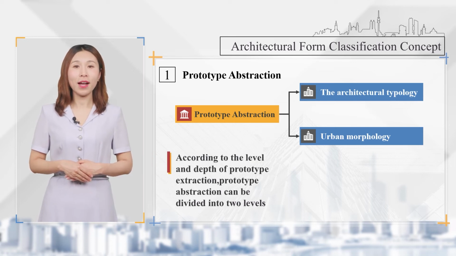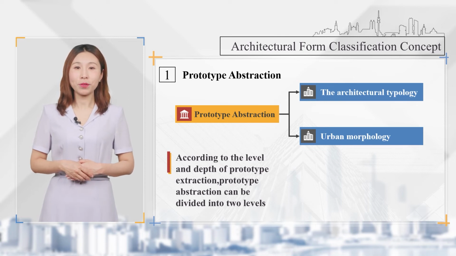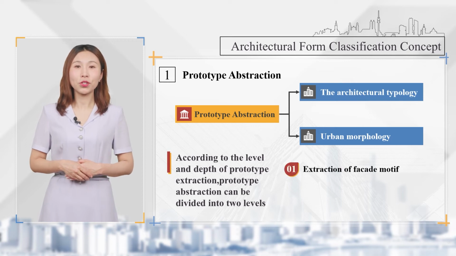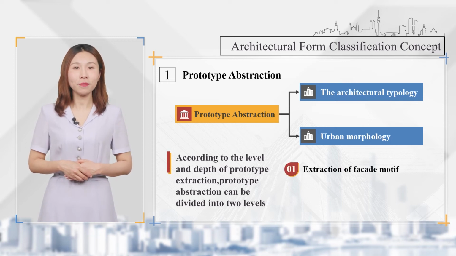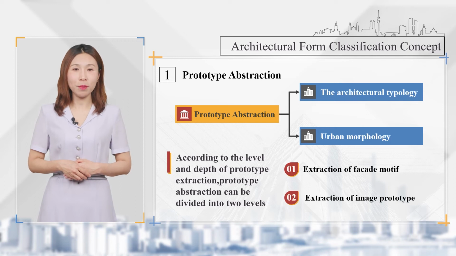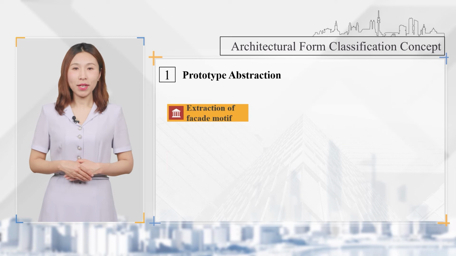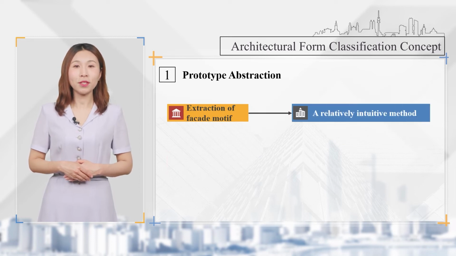According to the level and depth of prototype extraction, prototype abstraction can be divided into two levels: extraction of facade motif and extraction of image prototype. First, we look at the extraction of facade motif approach. Extraction of facade motif is a relatively intuitive method, which merely shows the extraction of symbols.